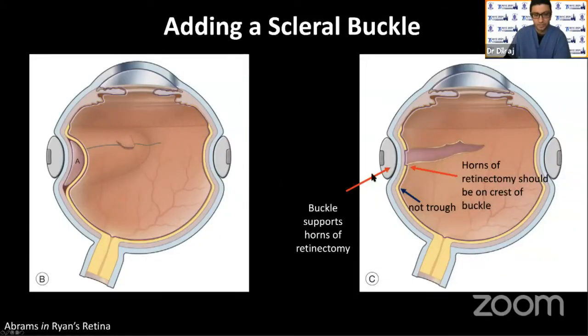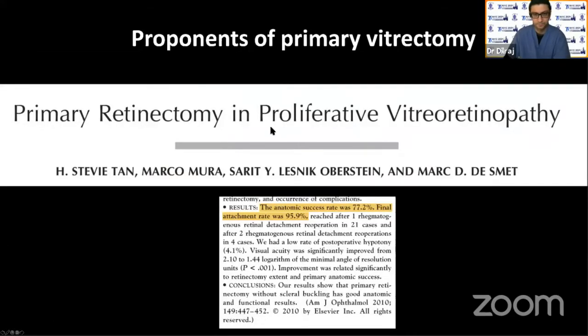Now, it is extremely important to remember that if you are adding a buckle for this purpose, the horns of the retinectomy need to be on the crest of the buckle and not the trough. Otherwise, this may do more harm than good. And that is extremely important when you're placing the buckle. There are also some proponents of a primary retinectomy in PVR. And again, this is something that is still controversial.